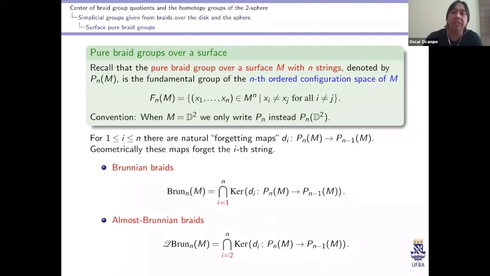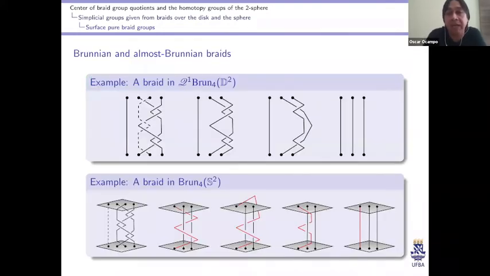Let me show some examples of how these braids look. Here we have an example of an almost Brunnian braid over the disk. I keep the first string just vertical, and I'm illustrating what happens if we forget the third string.